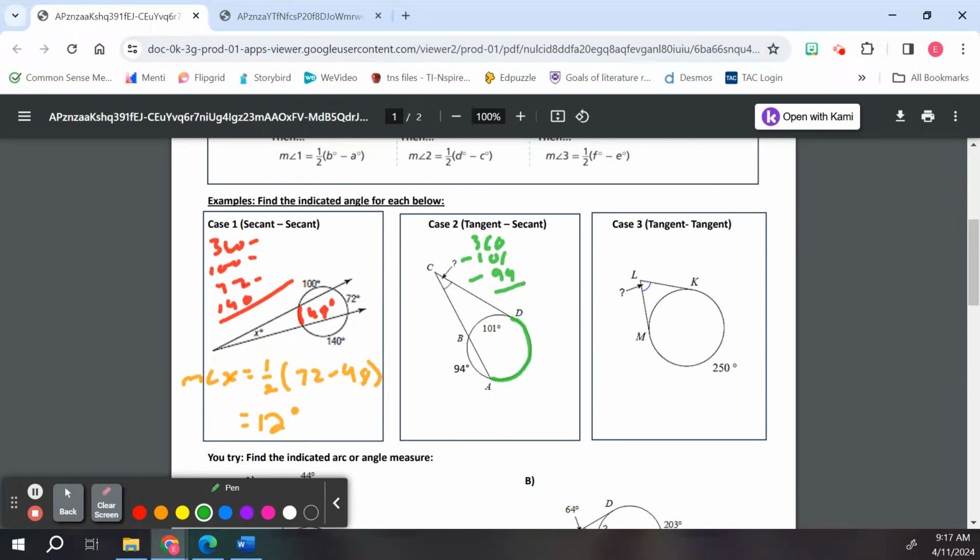This leaves us with 165 degrees. Now that I have everything, the measure of angle C is going to equal 1/2 times 165 minus 101. Someone tell me, what is the measure of angle C? Emma? 32 degrees. Very good.